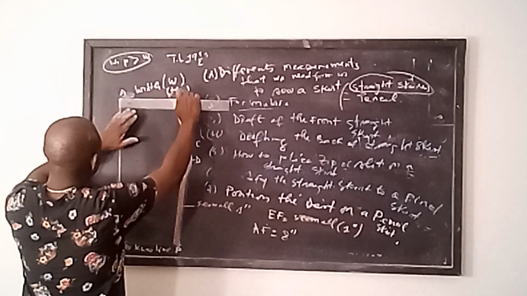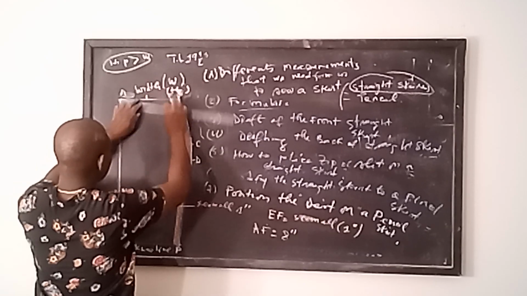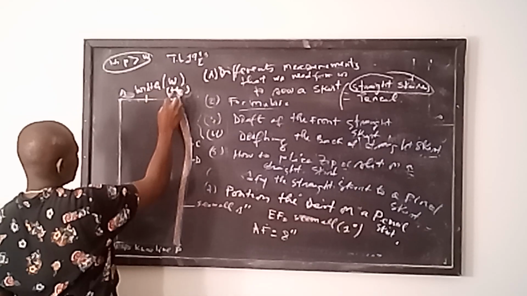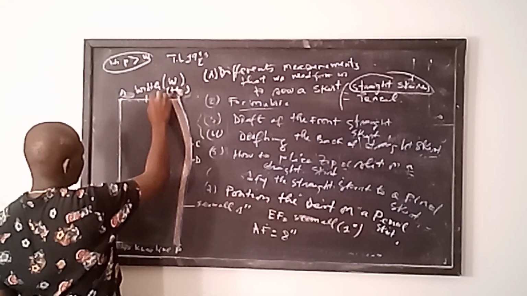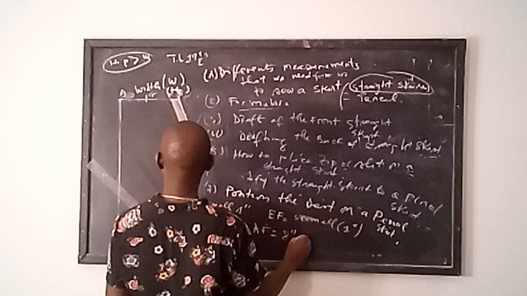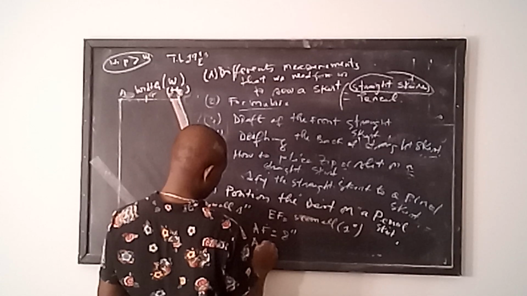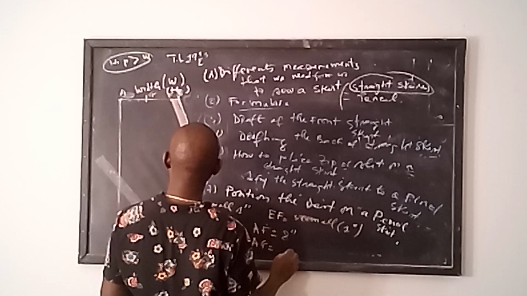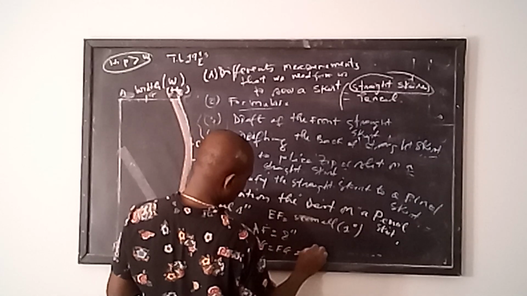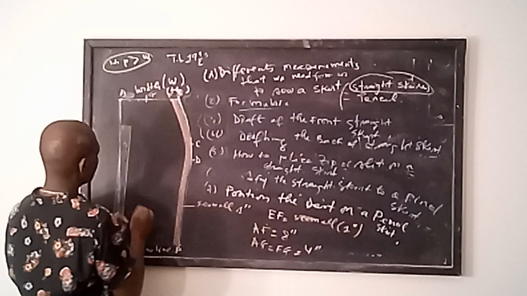So what you do, you divide A and F in two. Let's call this point G. Then I say AG equals FG. Here equals 4 inches because I divide by 2.